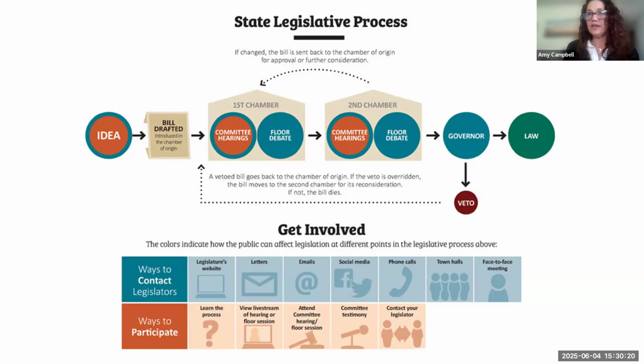Now, how can I do that if my issue isn't part of a funded organization that has a full-time lobbyist? How am I going to be able to make sure that happens? Well, sometimes that's a role that your legislator can play for you. Sometimes your legislator, if they have decided to champion your issue, they will keep you updated on how things are going, where the bill is.